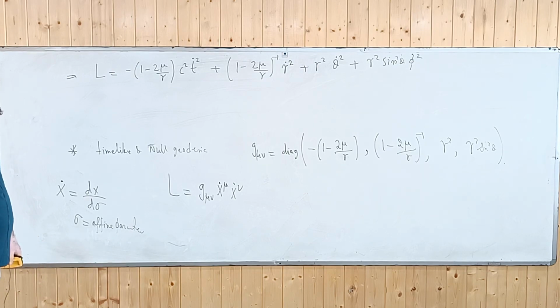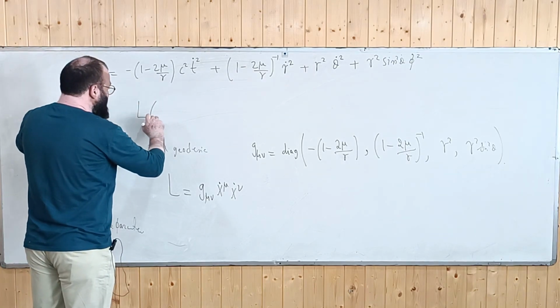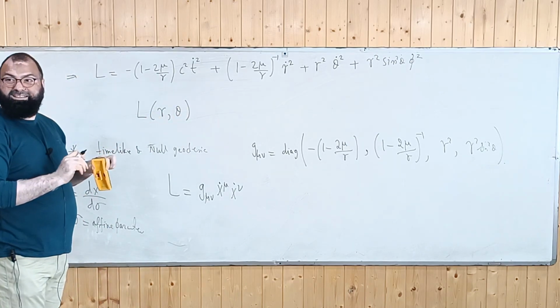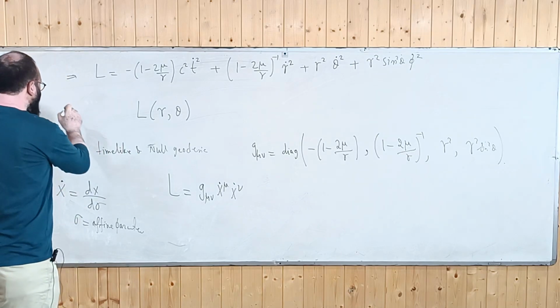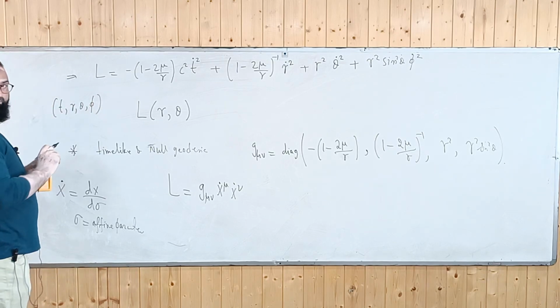Now if you look at the Lagrangian carefully, it depends on r, it depends on theta. Look here, this Lagrangian depends on r, theta, the variables themselves. Our coordinate system is t, r, theta and phi.